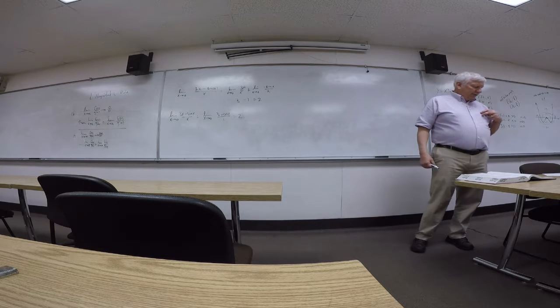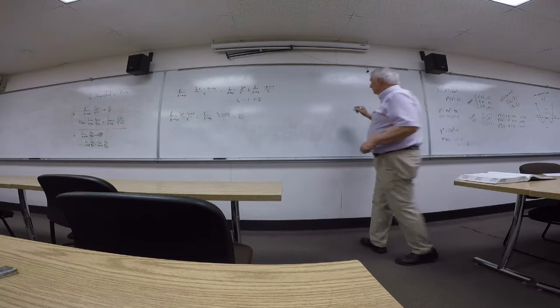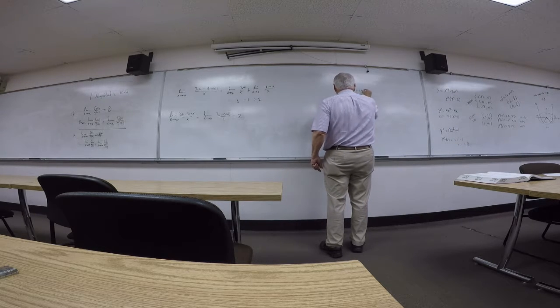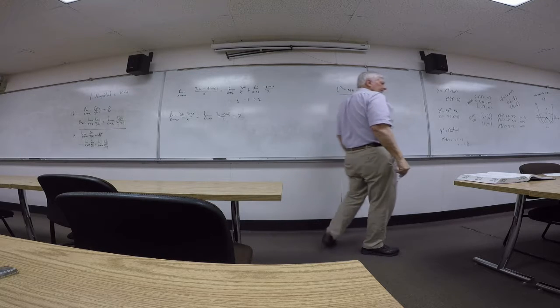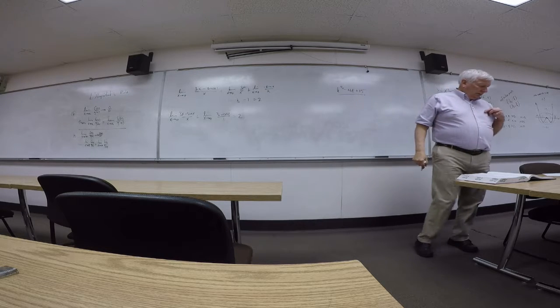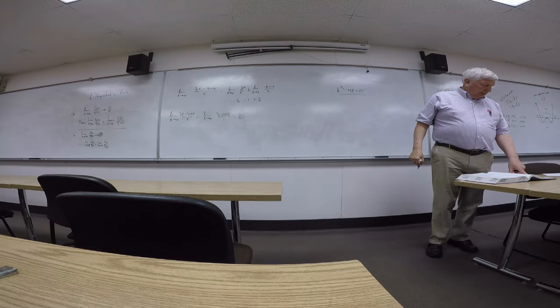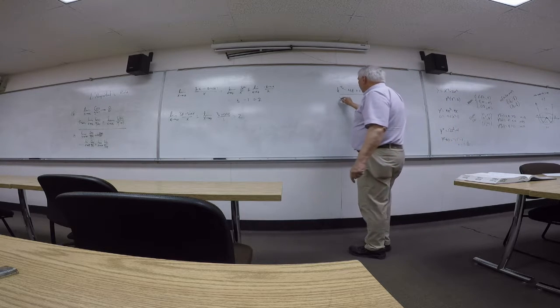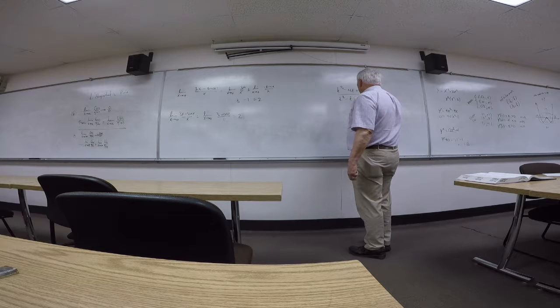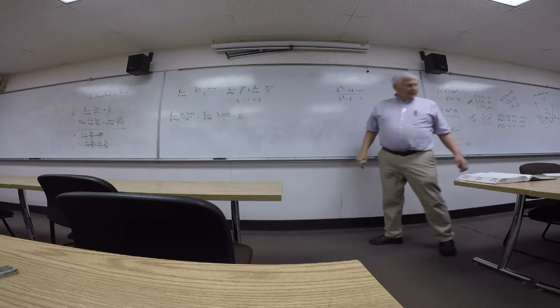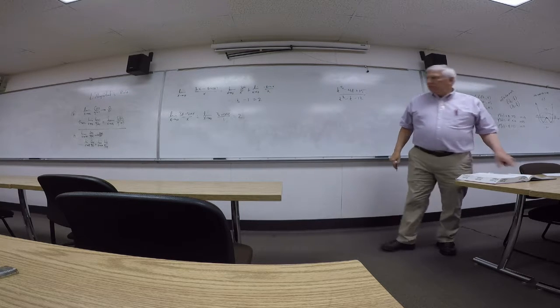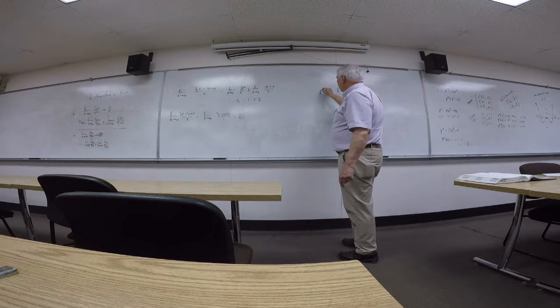T cubed minus 4t plus 15 divided by t squared minus t minus 12. And they want to look at the limit as x approaches, what's that, negative 5? Negative 3. Okay, thank you.